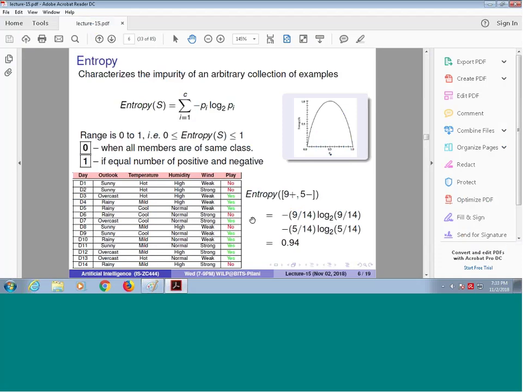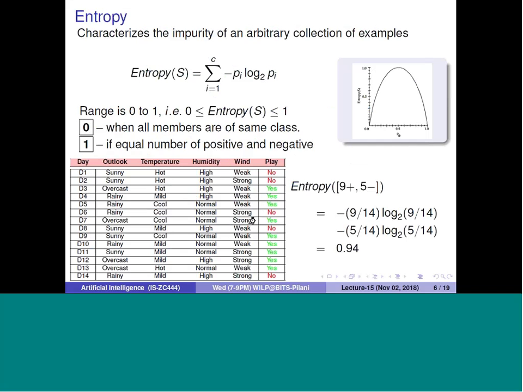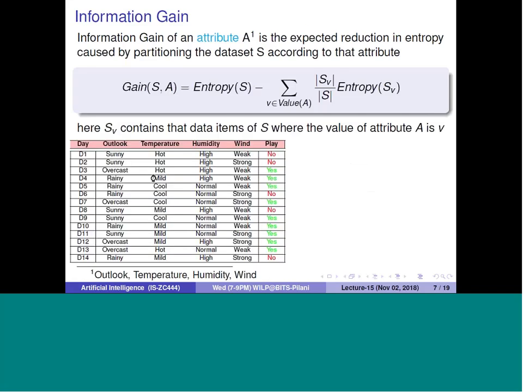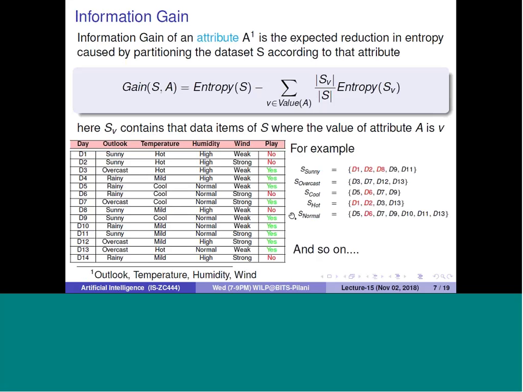Let us see whether I have something on the board. We know this was the database. If we want to find out for sunny, you ask how many data items are there with respect to sunny.